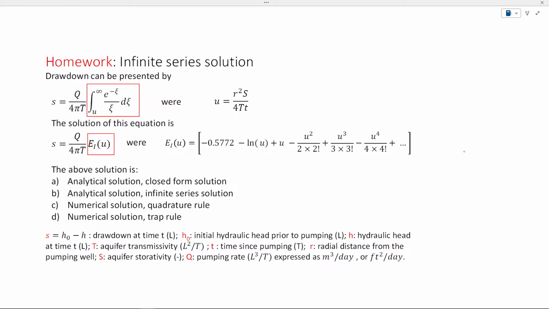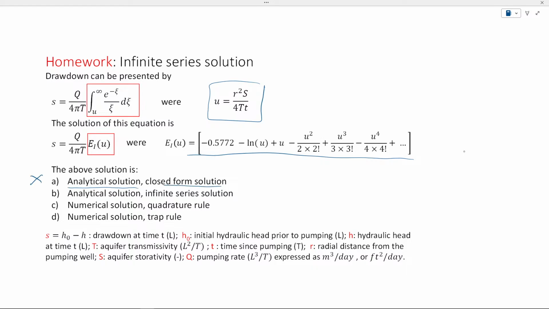The drawdown can be presented by this, where u is given by this. The solution of this equation can be expressed in this exponential integral, where this is equal to this. The above solution is an analytical solution, closed form. It's an analytical solution, yeah, but it's not a closed form.